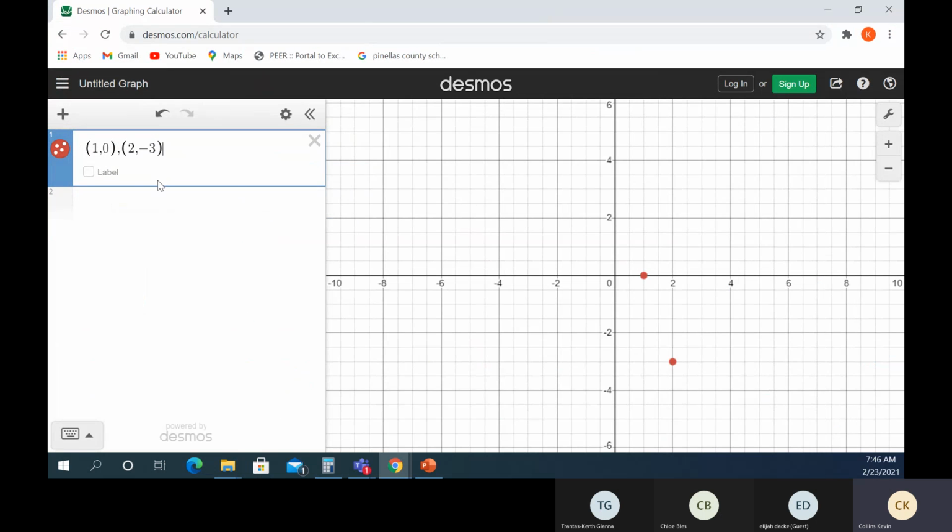All right, so I've already plotted 2 of the points. So I've got 1, 0 right there. Then I've got 2, minus 3 right there. Okay. So then the next guy was 3, minus 4.